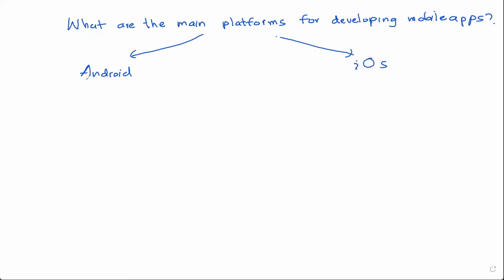Mobile app development can be done on the Android operating system, and this Android operating system was developed by Google.